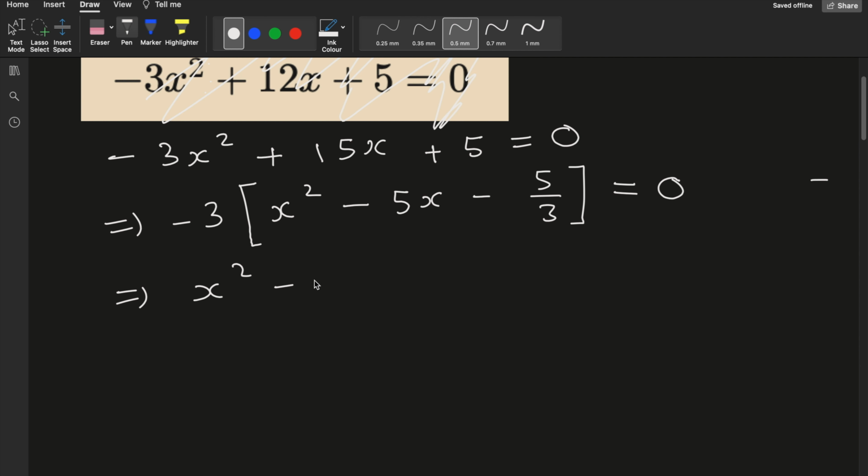So x squared minus 5x minus 5 divided by 3 equals 0.